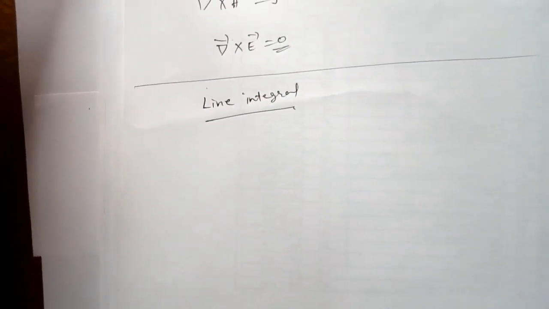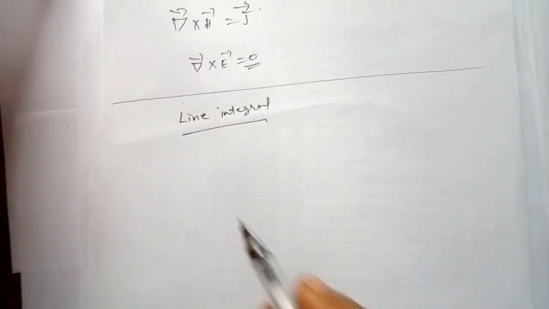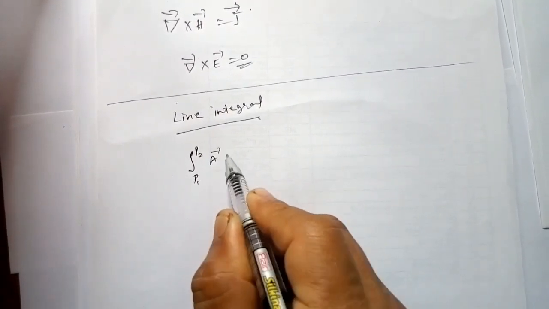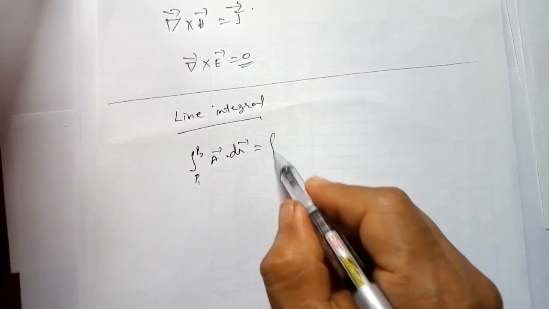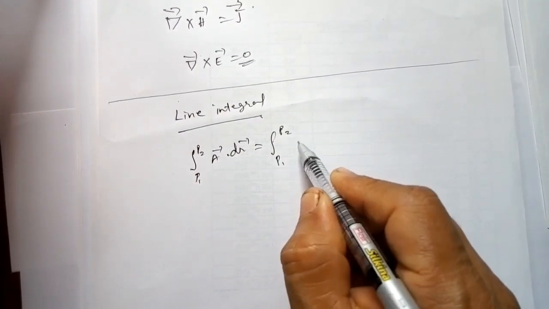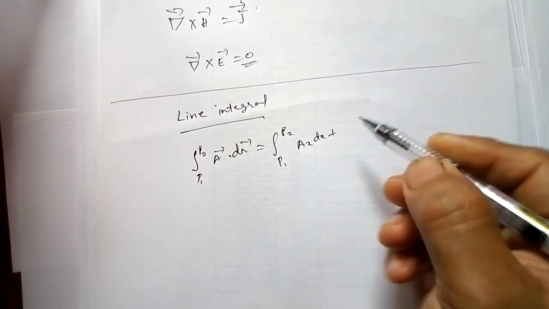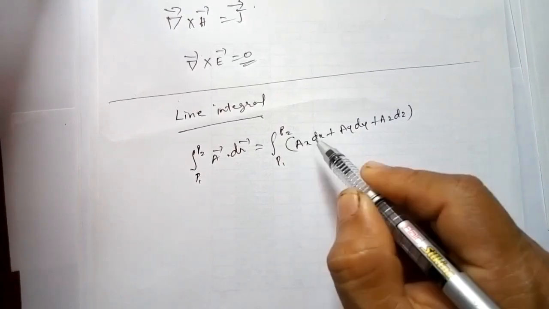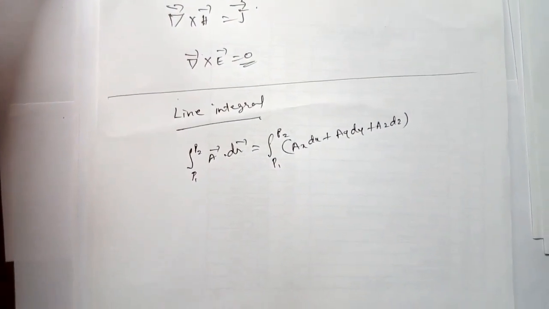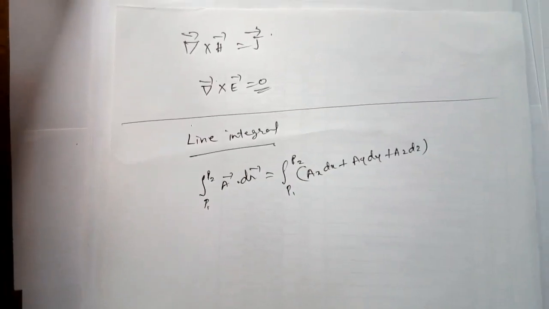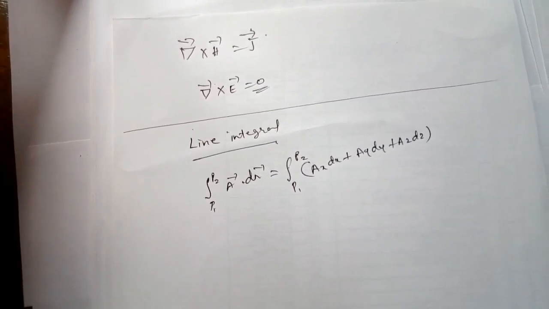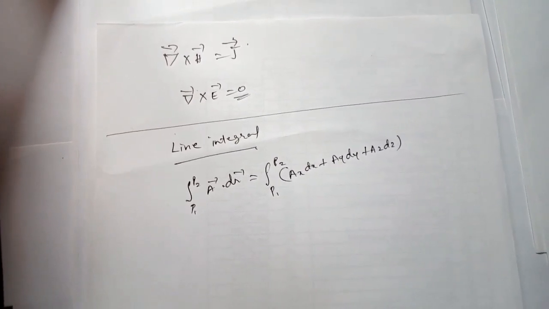Line integral in Cartesian coordinates, if you recall, we wrote from P1 to P2 as the integral of Ax dx plus Ay dy plus Az dz. We understood work done and moving a particle along a curve, so I am not going into details of that.